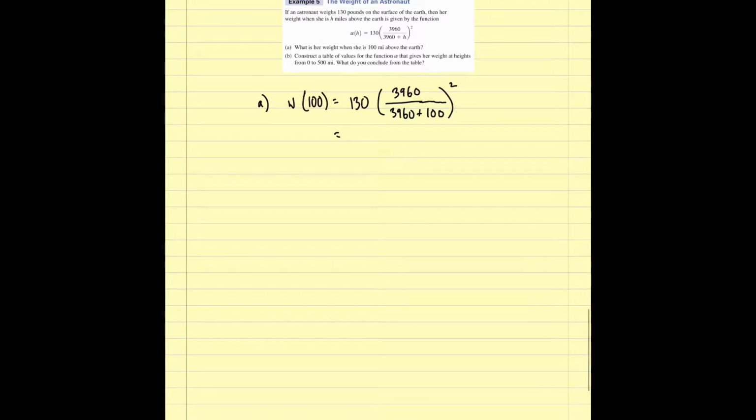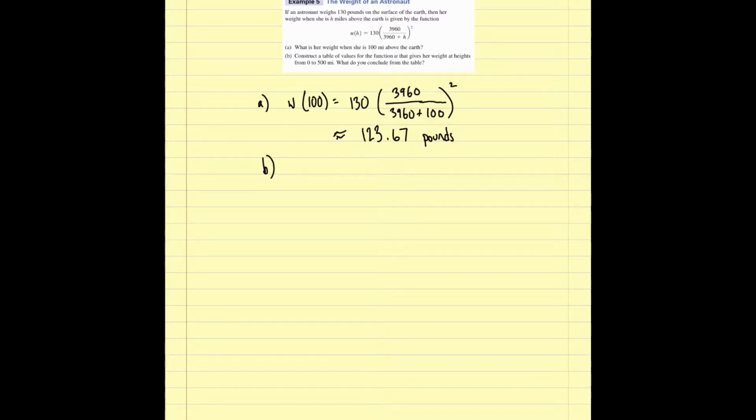So this would come out to approximately 123.67. And this is in pounds. So that makes sense because if you're further away from the Earth, then you're going to weigh less.